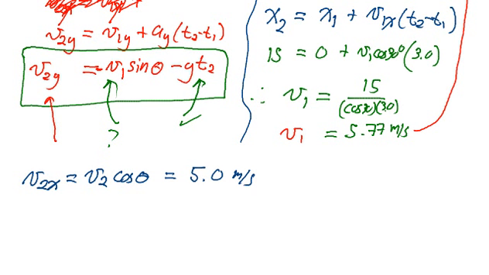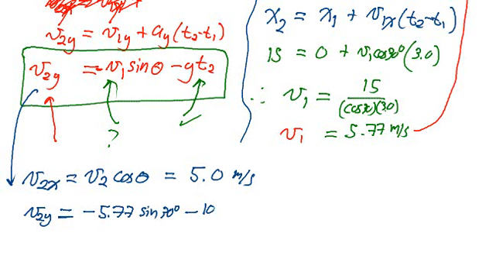Then, from our equation up above, now that we have the initial velocity, we can find v2y. So that will be equal to negative 5.77 times the sine of 30 degrees minus 10 times our 3 seconds.